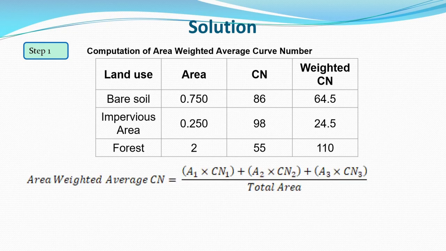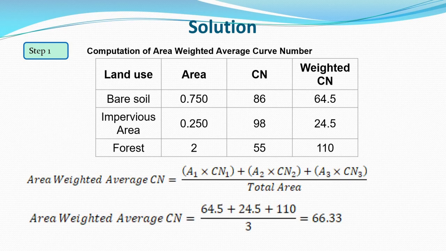Area weighted average curve number is A1 multiplied by Cn1 plus A2 multiplied by Cn2 plus A3 multiplied by Cn3 divided by the total area. We have three types of land use here. So I will substitute area of each land use.